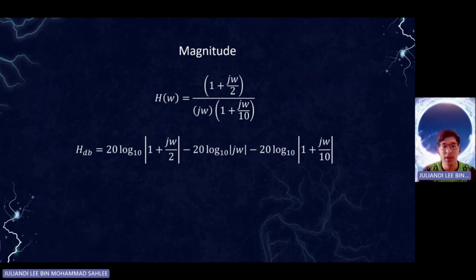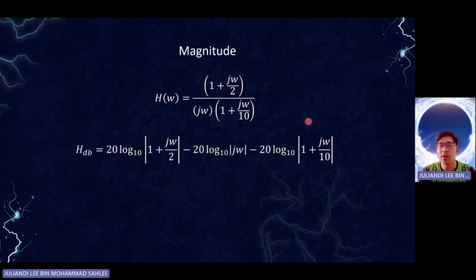This is the equation, and we get 20 log10 |1 + jω/2| minus 20 log10 |jω| minus 20 log10 |1 + jω/10|. Notice that I write it as negative. This is because jω and 1 + jω/10 are in the denominator, so it must be minus.